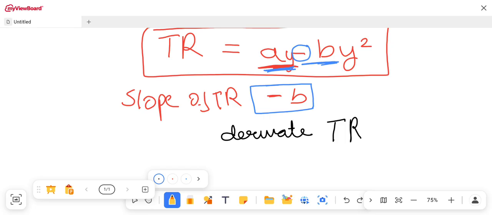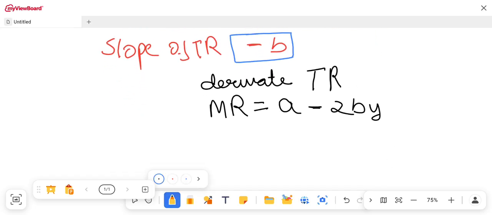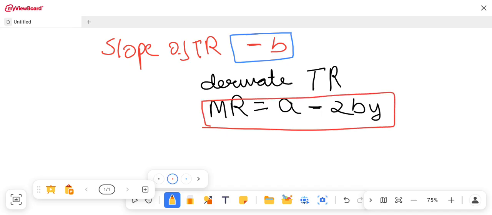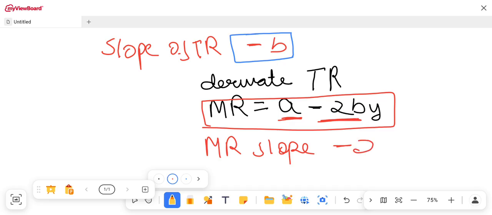When we derivate TR, we get MR. And with respect to Y, so it is Ay, so Ay becomes A minus 2By. So here we get the equation for MR, and I told you that this is the intercept and this is the slope. So here what is the slope? It is marginal revenue slope is minus 2B.